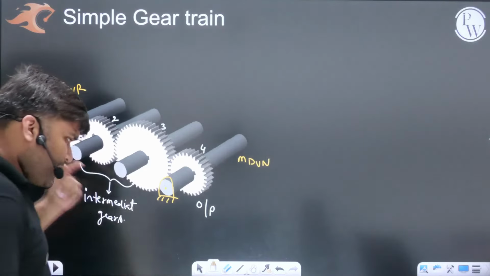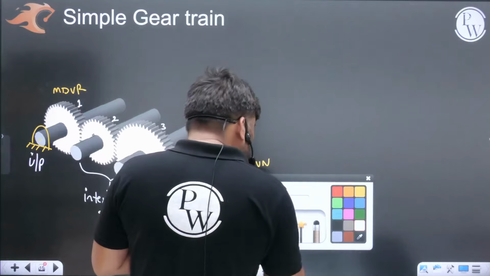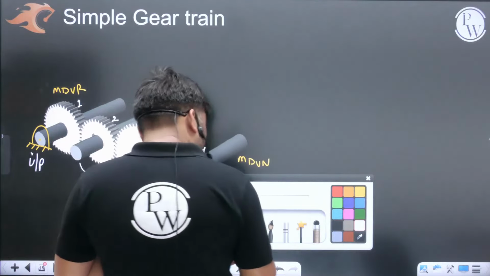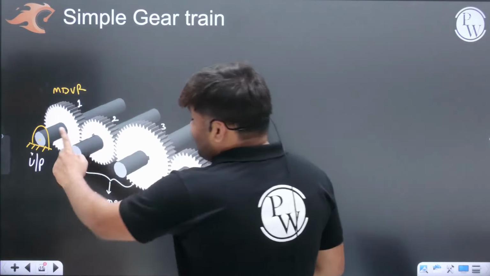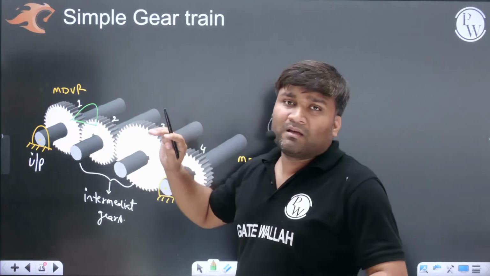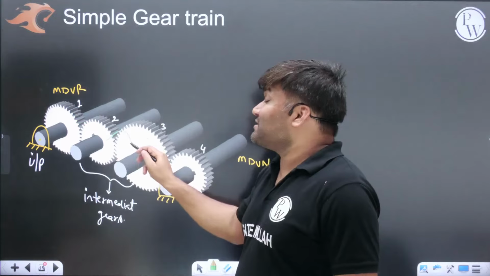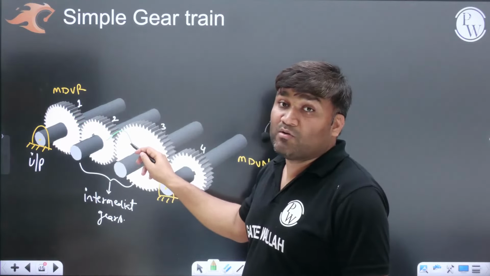Simple thing. Okay, let me tell you one trick. Look, in a simple gear train, a very big condition is there: gear 1 is meshing with gear 2, so meshing gears must have the same module. 1 and 2 must have the same module. Now 2 is meshing with 3, so 2 and 3 must have the same module.